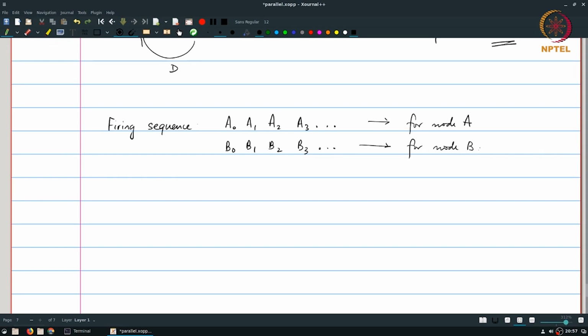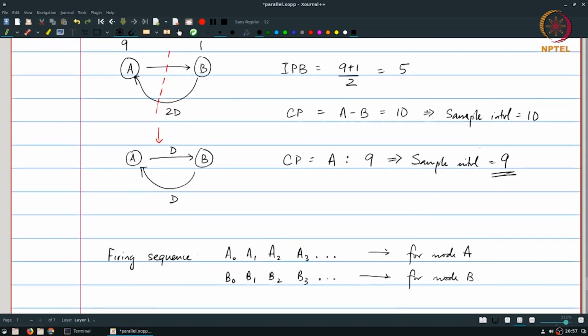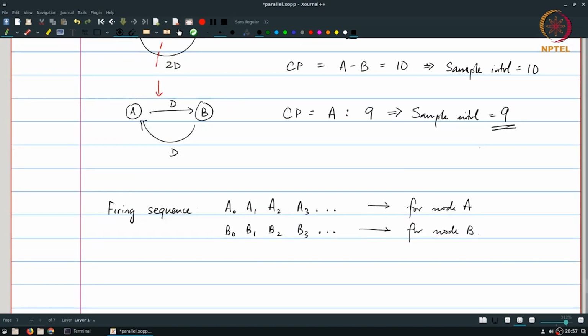Now, the dependencies that we see in the original graph over here before we did the retiming essentially correspond to something like this. B0 depends on A0. In other words, only after A0 has computed, I can then compute B0. Similarly, B1 depends on A1, B2 depends on A2, etc. But what about A1?